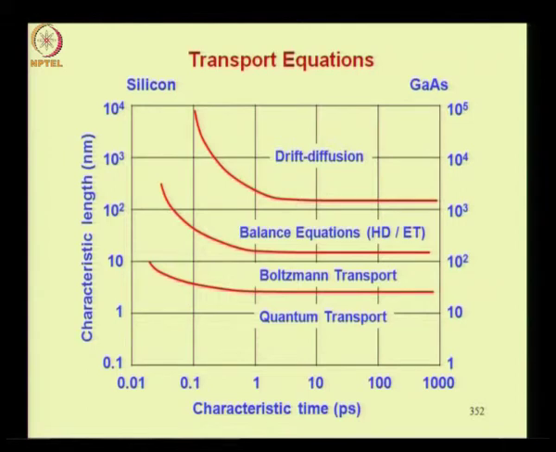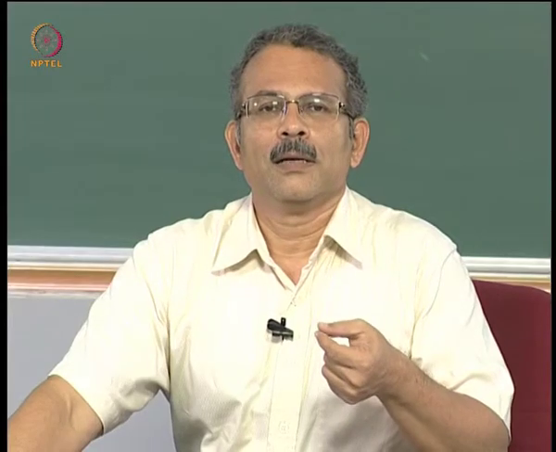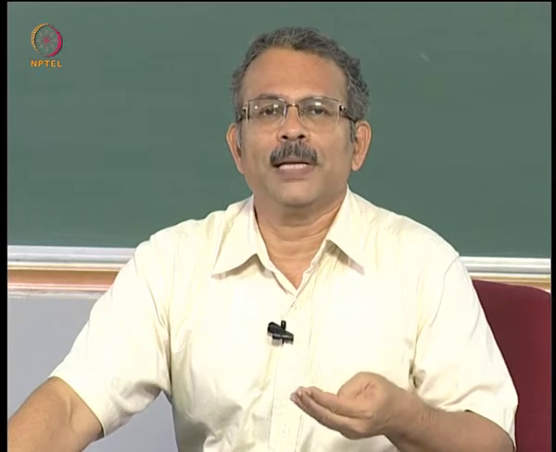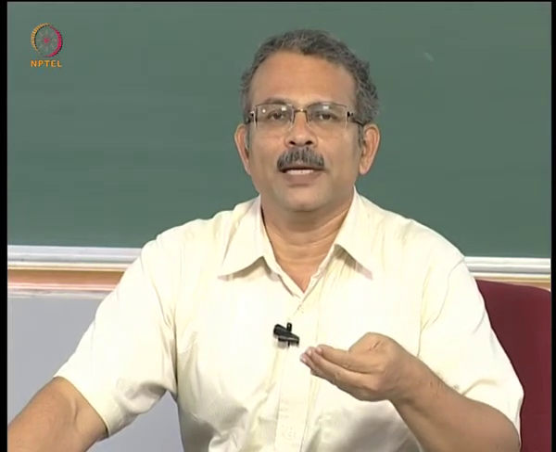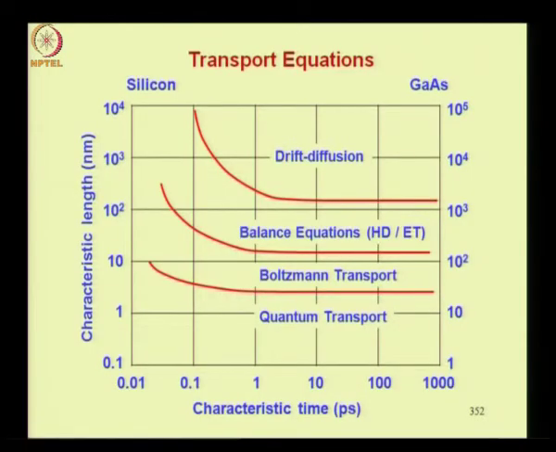Okay? So you will have to go to balance equations. You recall that the drift diffusion formulation assumed a steady state version of momentum balance equation. So the steady state version of momentum balance equation is no more valid, okay, if your signal varies rapidly over the time scale of momentum relaxation time. So this is what explains this boundary here between drift diffusion and balance equations.